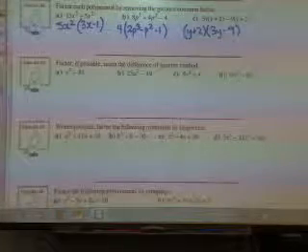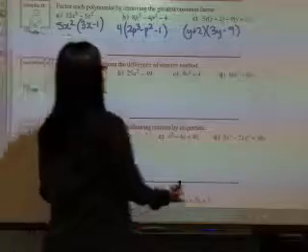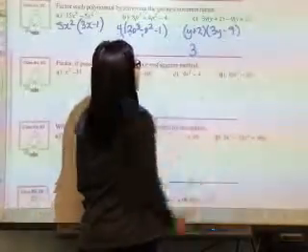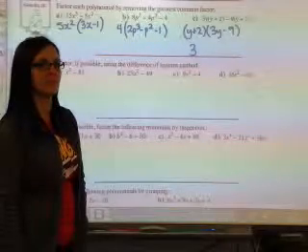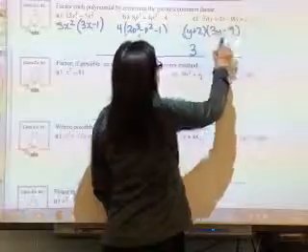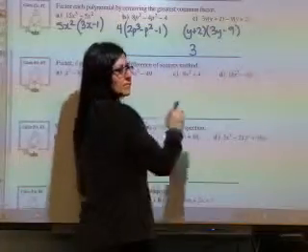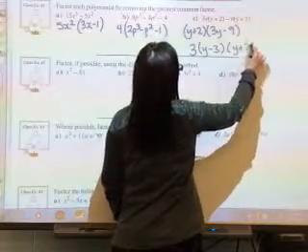Now take a look at 3y minus 9, and what do you notice? Can divide it by 3. So I can remove a 3 from that, and what would I be left with? So if I remove a 3 from this term, the expression, y minus 3, and I still have my y plus 2.